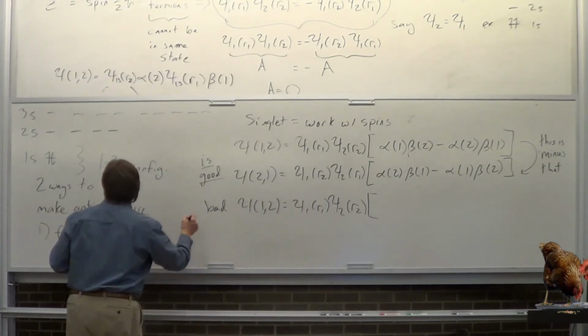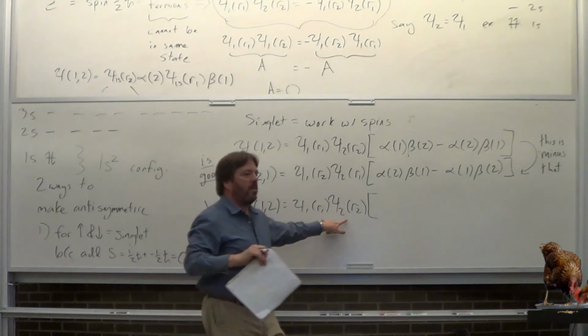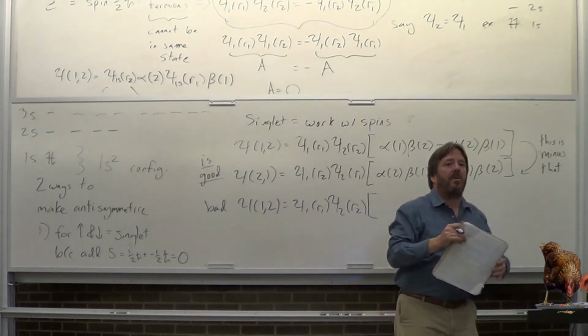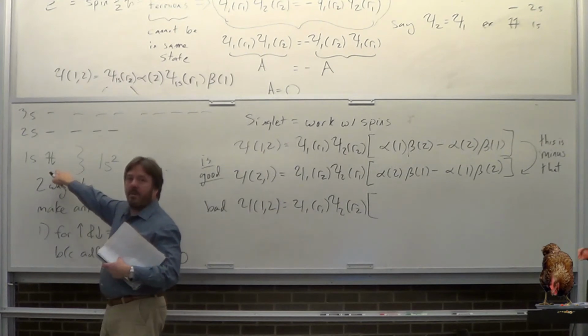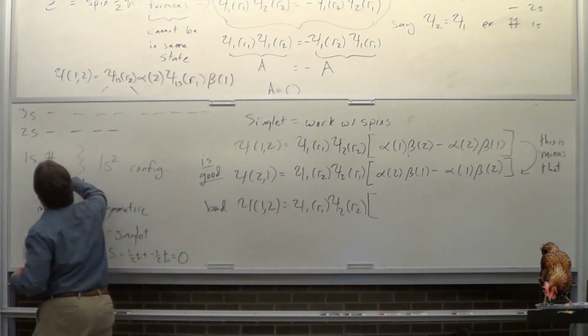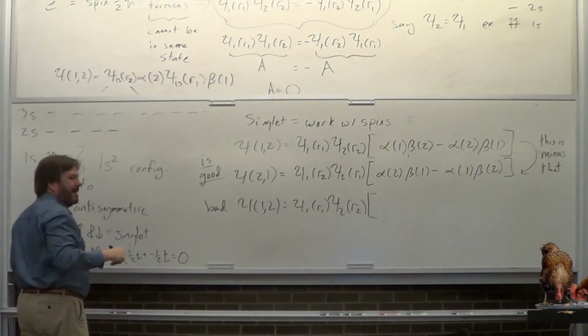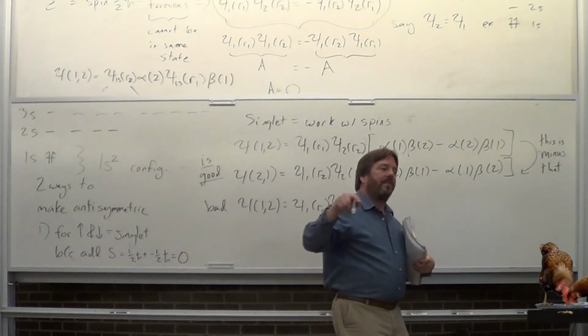But now let me ask you this. How do I turn this? Let's keep it simple. Let's keep these both in the 1s state. There are 2 electrons that can be in the 1s state. What do I do? Make them both spin up, right? Not good, right? You can't do that.